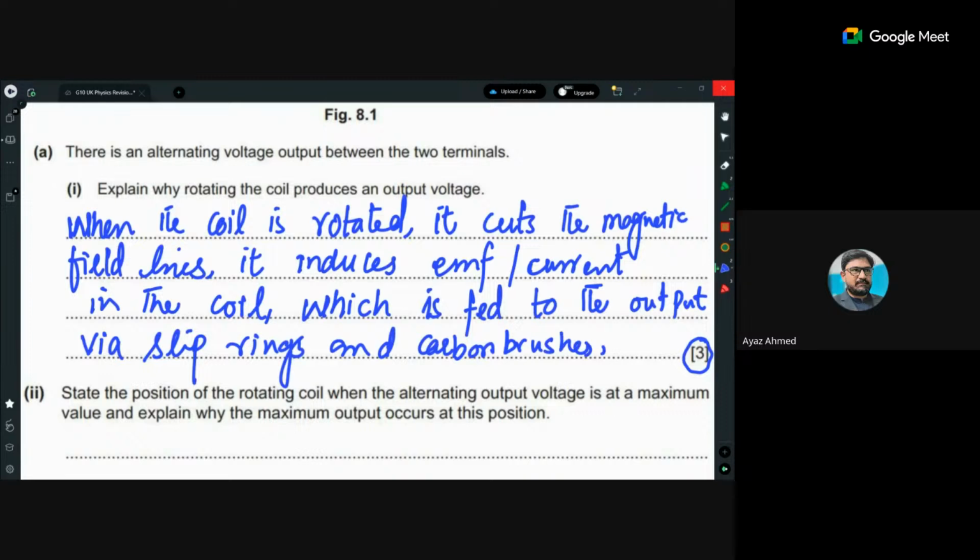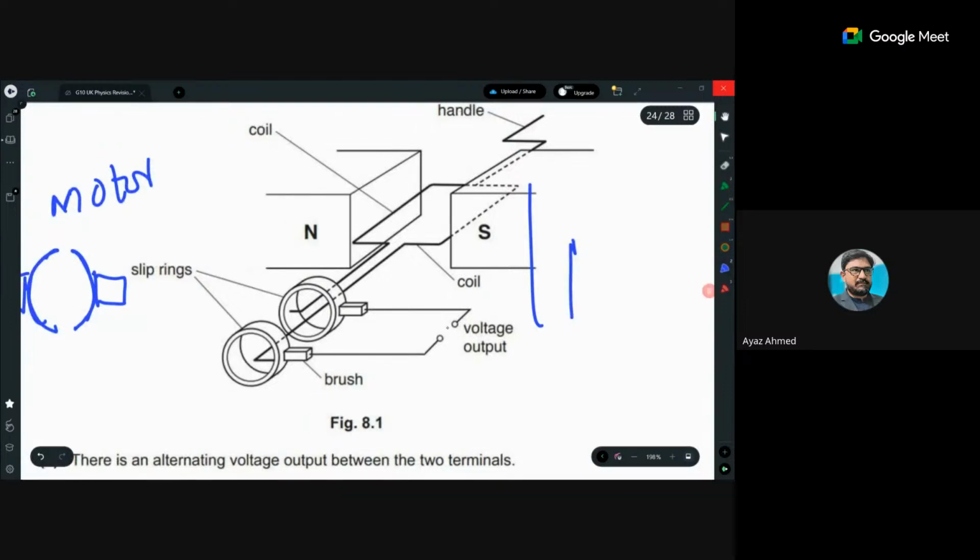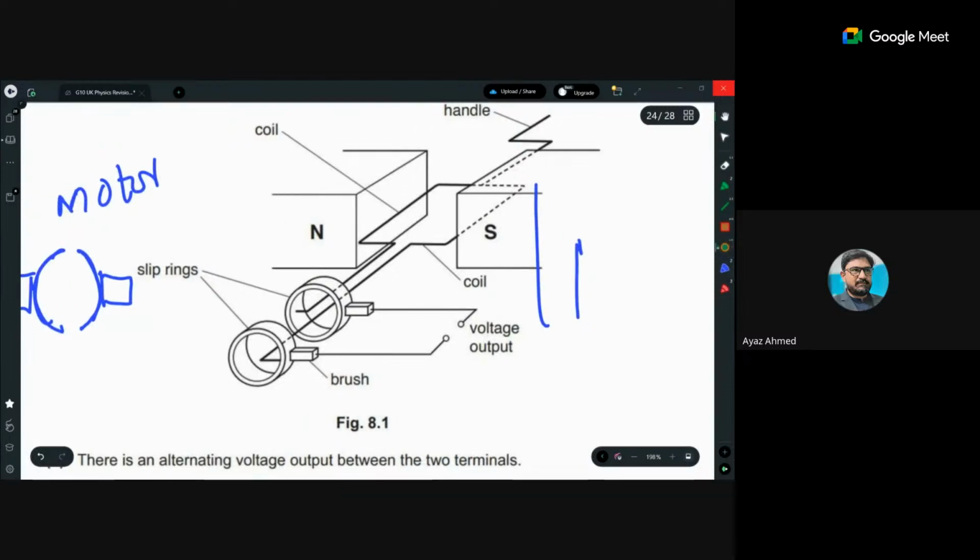Do you see? There is something new for you, right? That induced current is basically delivered to the output, right? To that point with the help of what?